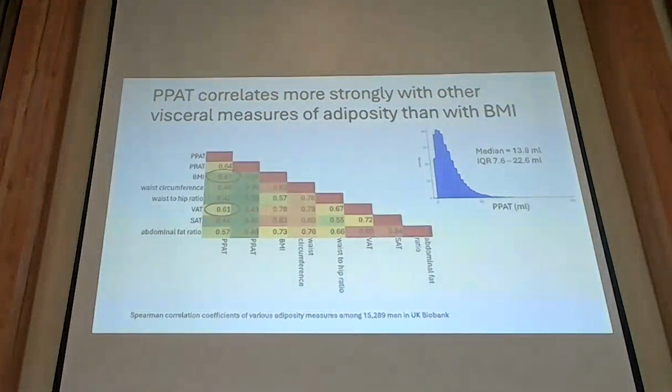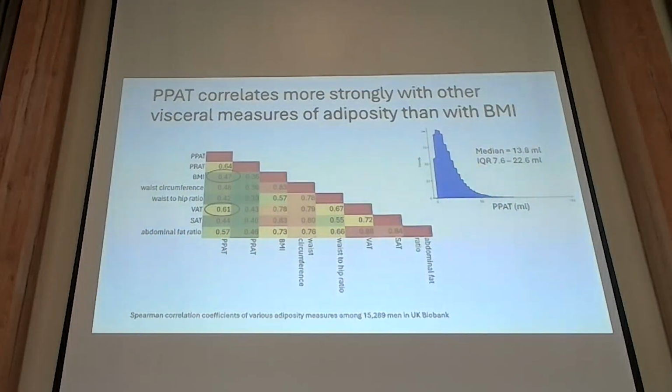So I'm showing you here the data from the men without prostate cancer in UK Biobank, and you can see up on the right there the distribution of the periprostatic adipose tissue. The median amount is just under 14 mLs, so not very much of it. And then here is how it relates to other more well-characterized adipose tissue depots. The first column there is the periprostatic adipose tissue, and you can see that the correlation is stronger with abdominal visceral adipose tissue compared to BMI, for example.